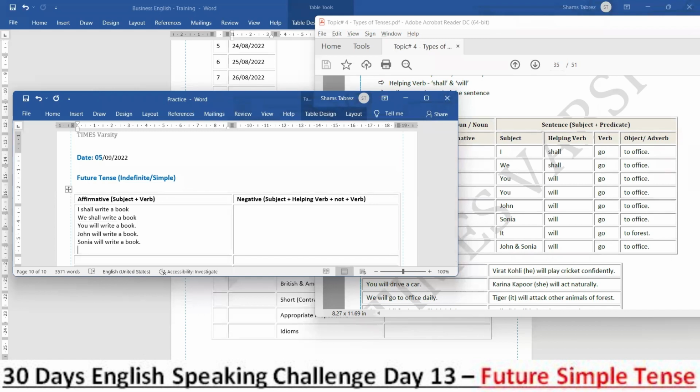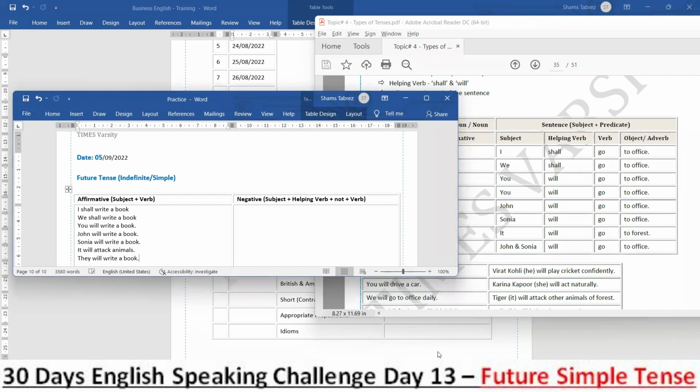So you can use any other verb for write. It will attack animals. Next. For this one, they will write a book, maybe for Sonia and John. Instead of using nouns, you can also use they will write a book. Perfect.